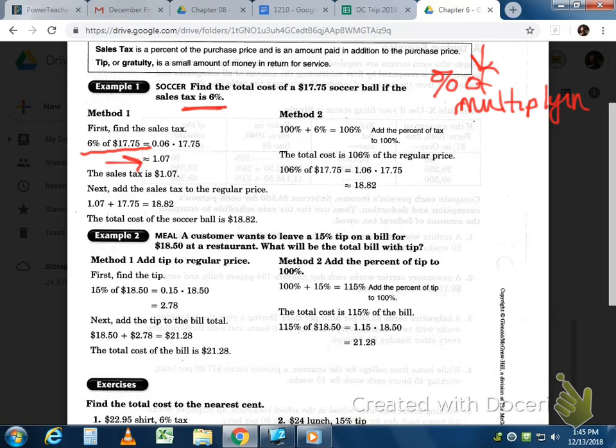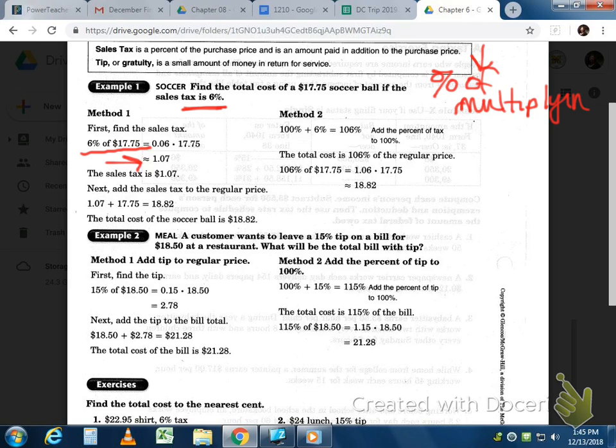Now, I want you to be aware of this. Sometimes the question might just say, what is the tax? And if that was the case, you'd say $1.07 and you'd be done. You've got to read what the question is asking you. I don't know what they'll do on the iLearn, but it could be that question.